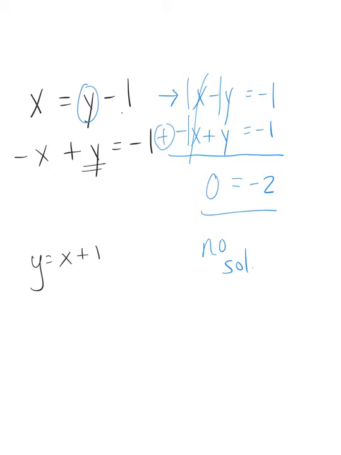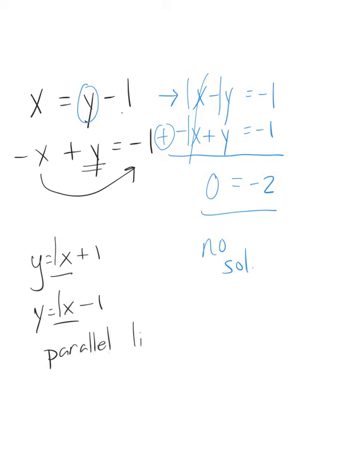If I leave this y where it is and I add this x to the other side, I also have x minus 1. These two equations have the same slope. Therefore, when they have the same slope, they are parallel lines. This y-intercept is positive 1, this y-intercept is negative 1. These two lines will never cross. That's why it's no solution.